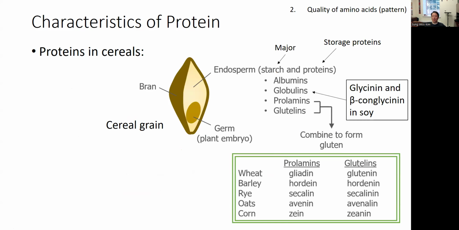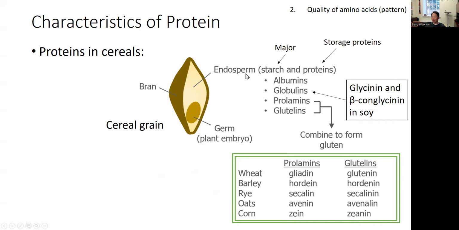Now move to the cereal grains, because we just talked specifically about corn, but now move to the more general cereal grains. Again, there's a germ, high in oil, high in protein, and the endosperm high in starch.